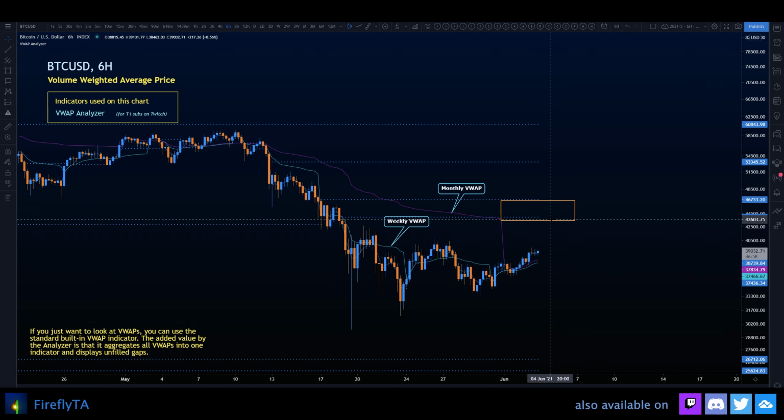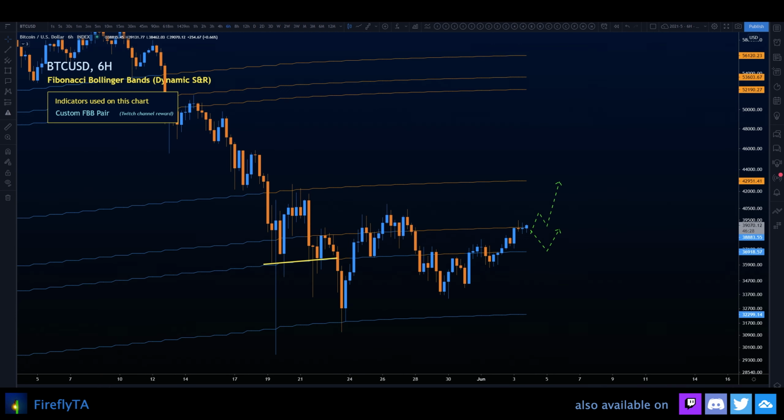So if we get to this level, watch out. Maybe this is worth shorting as well, although it's risky shorting into a relief bounce. I don't know if this is a relief bounce, but with good risk management, it's possible to short this area. Keep an eye on that.